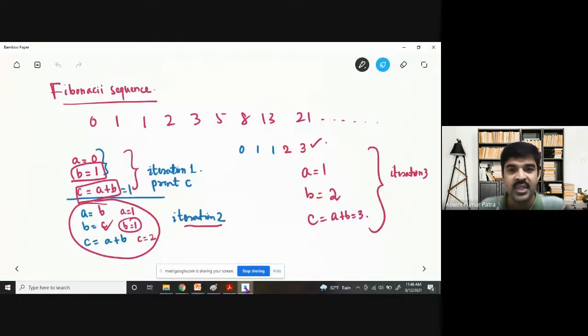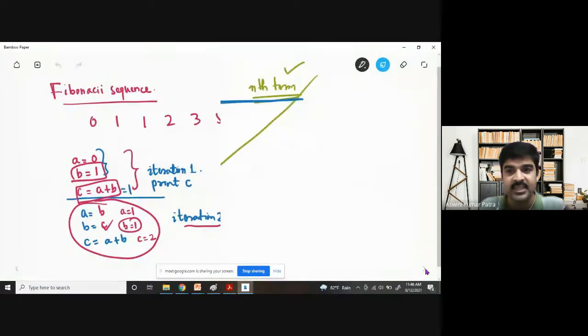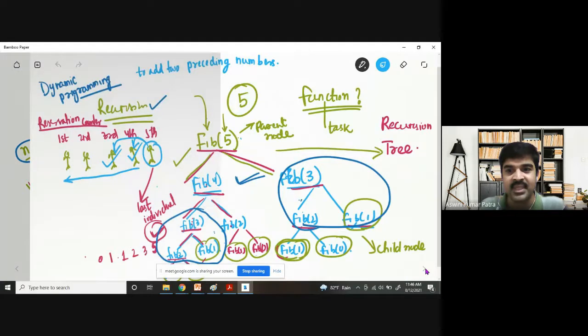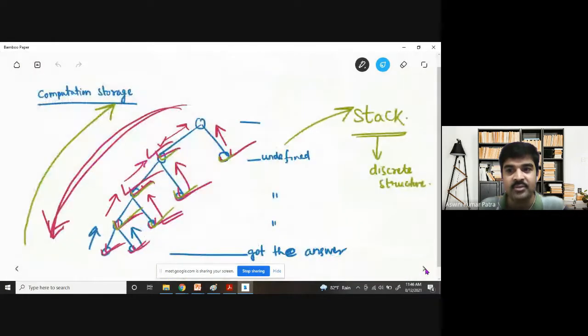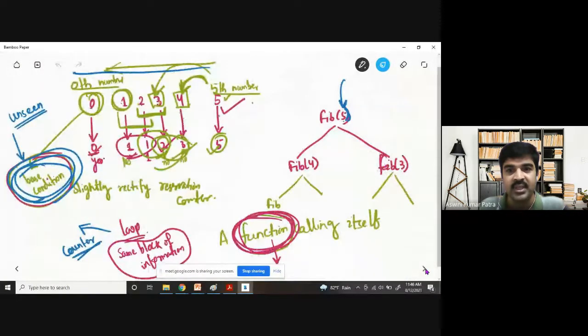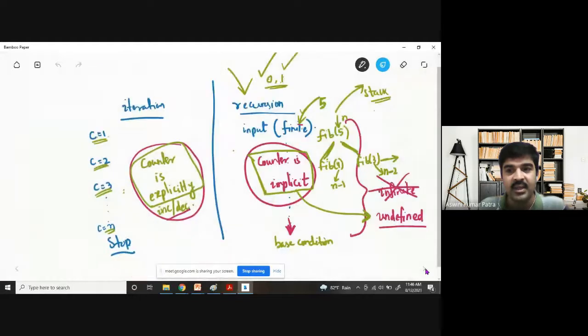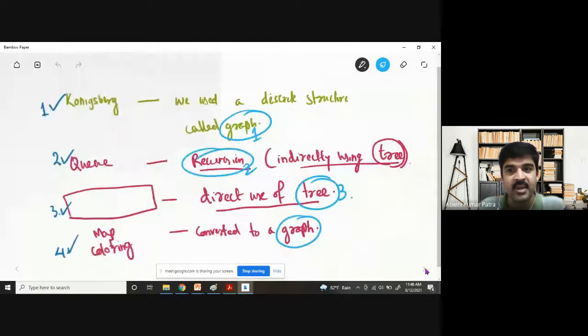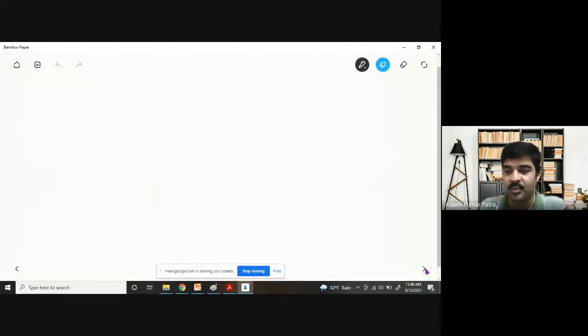Okay, and for those participants, our esteemed teachers who were absent in the last class, I would like to repeat one topic, then we'll move further. Why I'm taking a recap is because our objective is, while we teach students, we either use puzzles or real world problems.